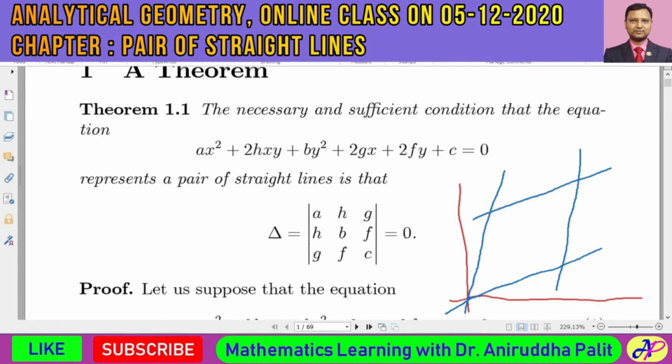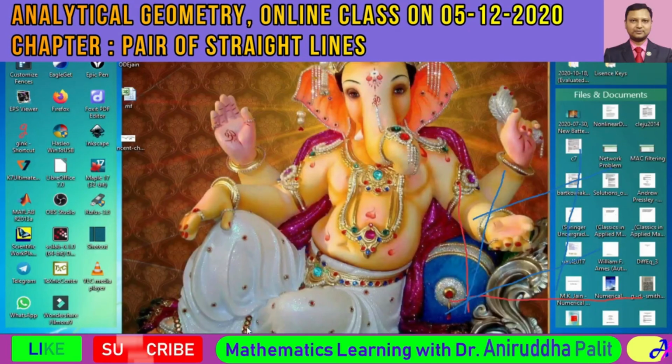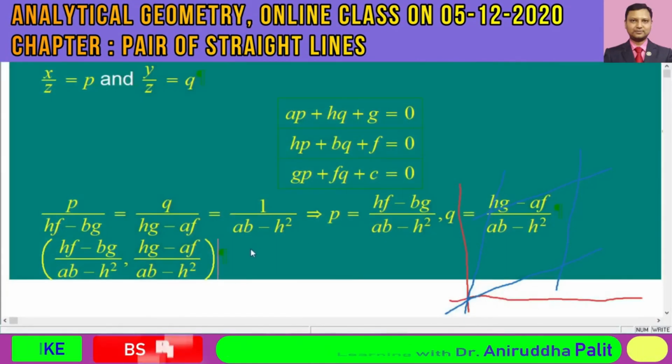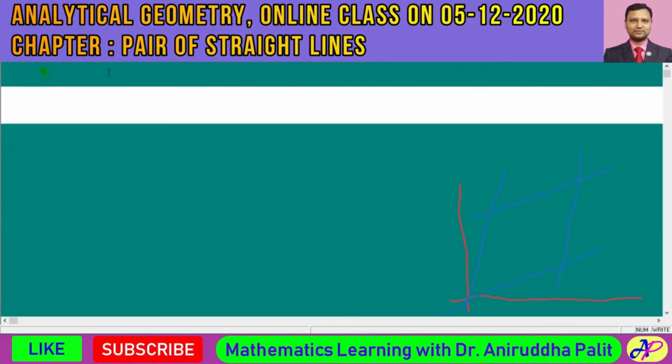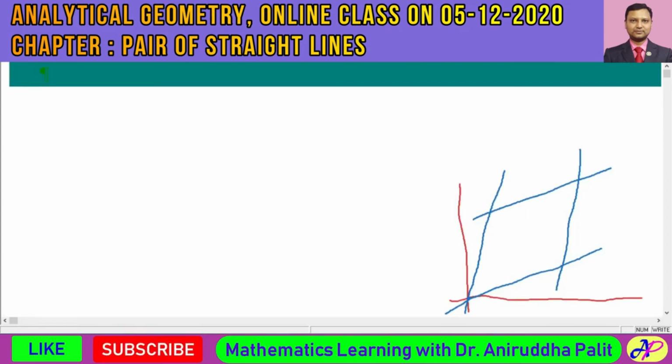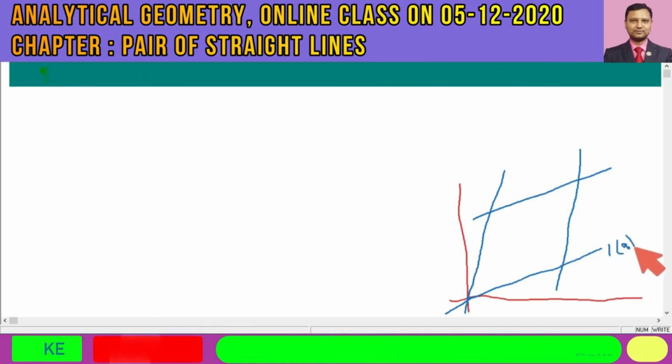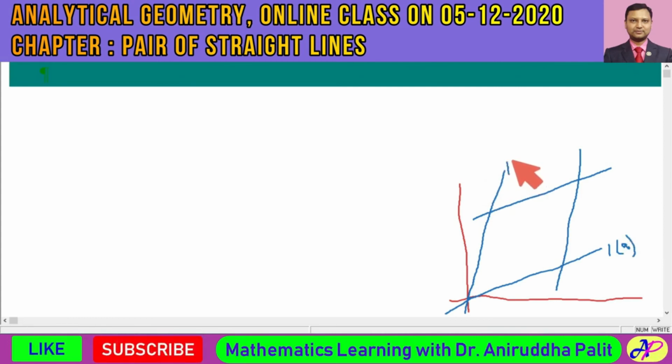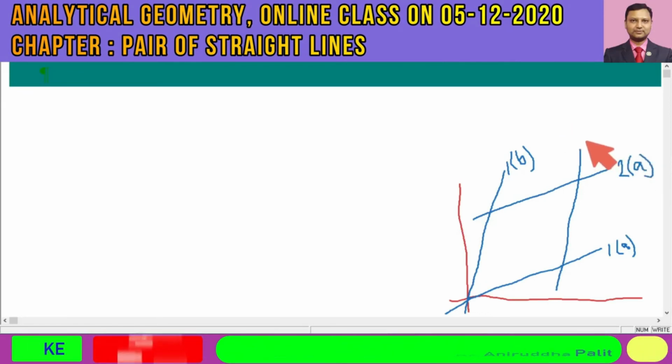The result says that if this equation, let me call it equation number 1, this is 1a and this is 1b, and this is suppose 2a and 2b.